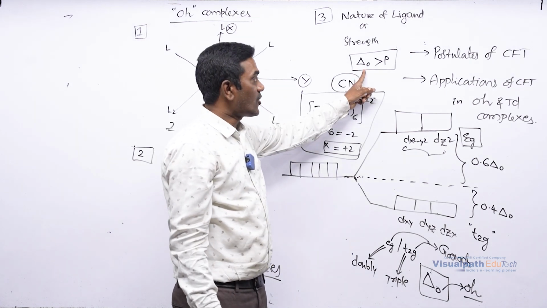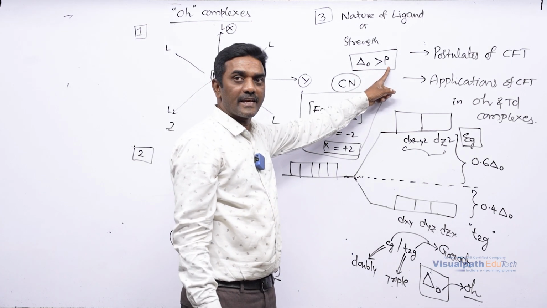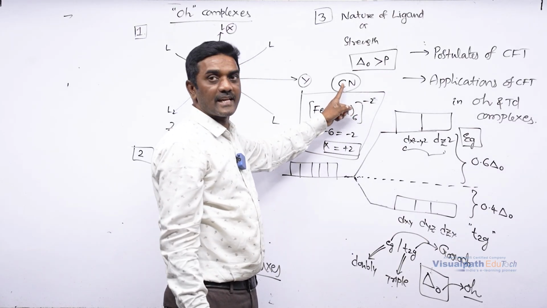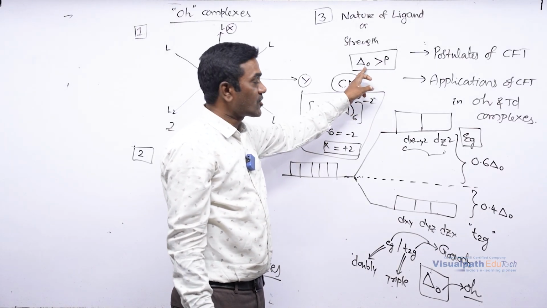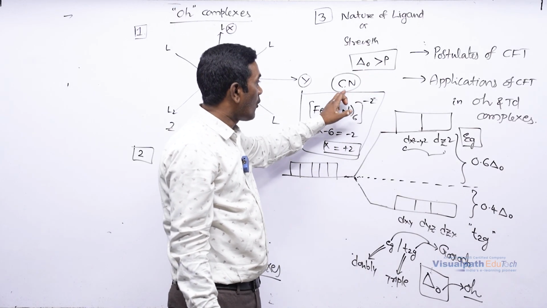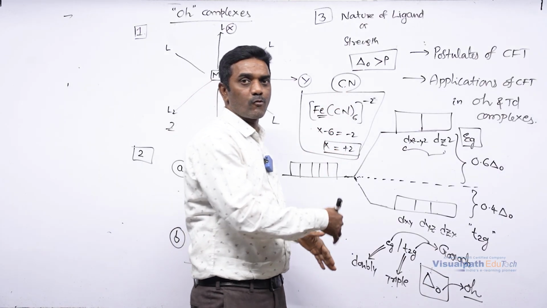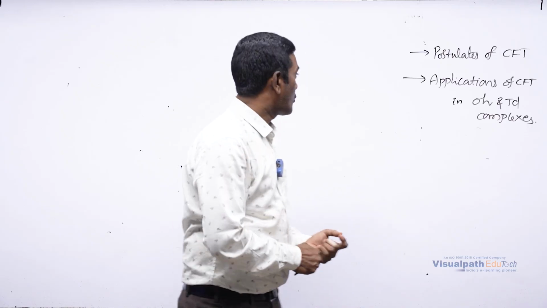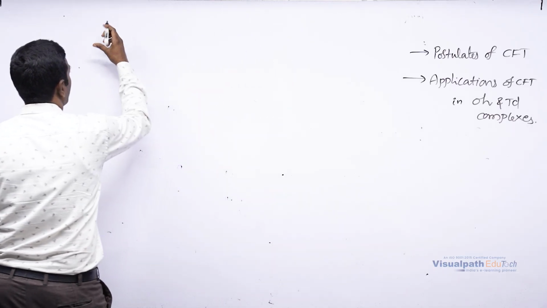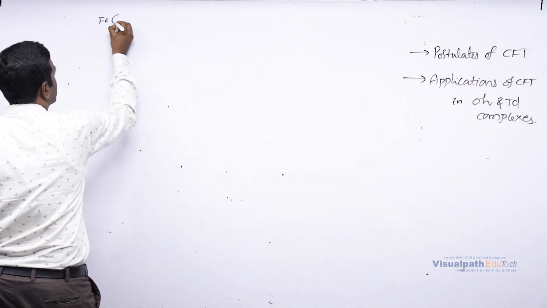Here delta naught will be more than pairing energy whenever the ligands are strong. What is delta naught and pairing energy, and how this cyanide strong ligand will split, that I am going to explain now, right?